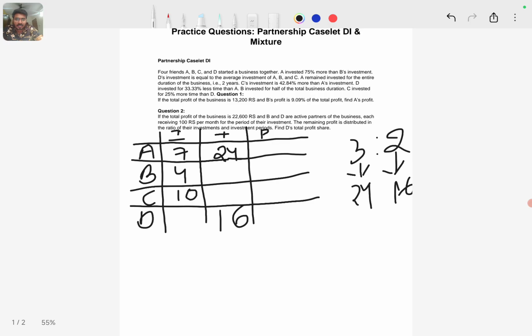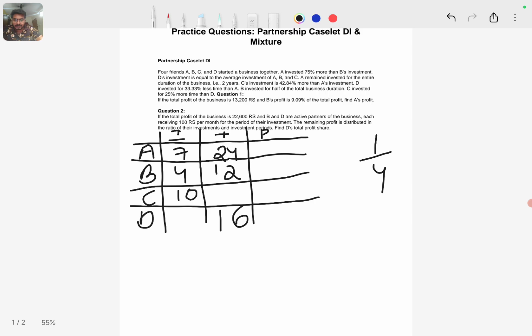B invested for half of the total business duration. If total duration is 24, B invested for 12 months. Okay, and C invested for 25% more time than D. 25% more than D means, what is the 25% fraction? 1 by 4.